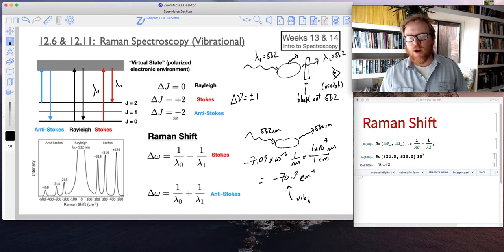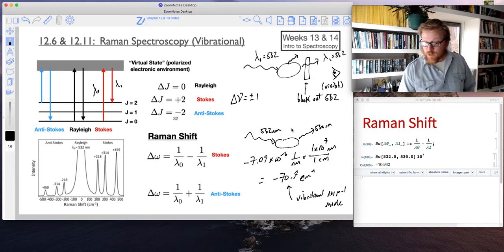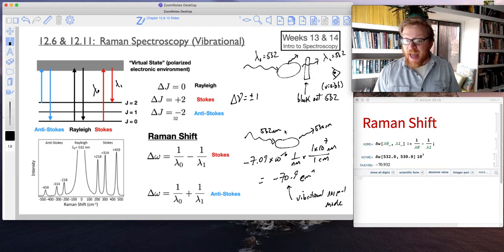So if I detected that 2 nanometer difference, that's wave number. That means that there would have been some vibrational or rotational, but based on these numbers, 70 wave number, that's a vibration. So a vibrational normal mode. That's exactly what would have resulted in detecting that 2 nanometer shifted photon, that there was some vibrational mode at 71-ish wave number, okay?